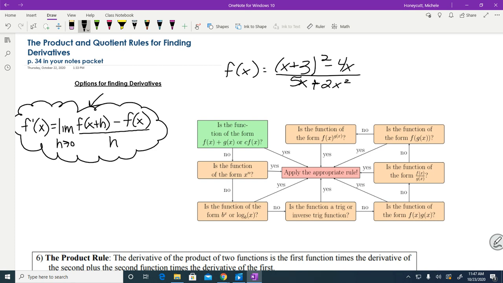It can be a lot of algebra. So yes, that definition of derivative is nice because it does work for every function. However, it can be a lot of work.